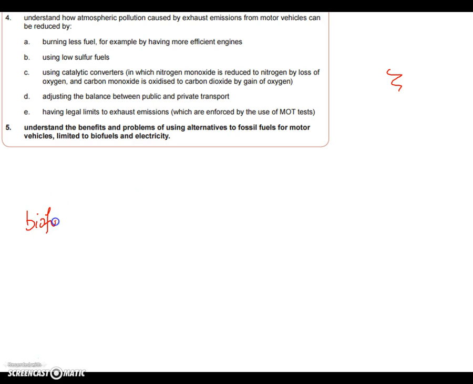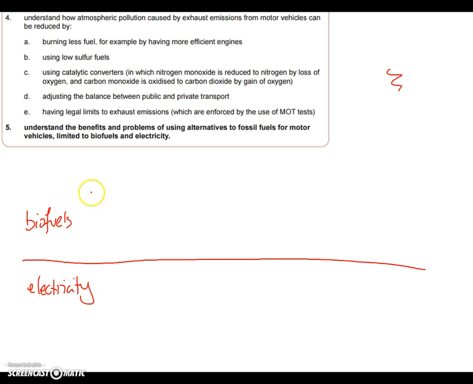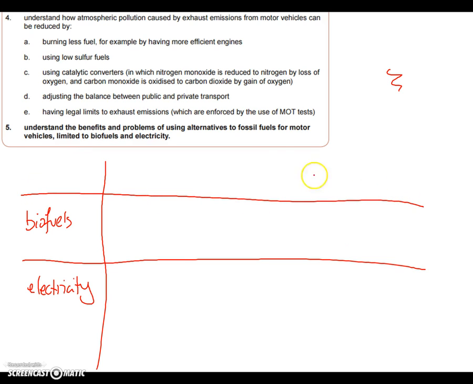So biofuels and electricity. This is again a good 6-mark question, compare and contrast the advantages and disadvantages of modern fuels.